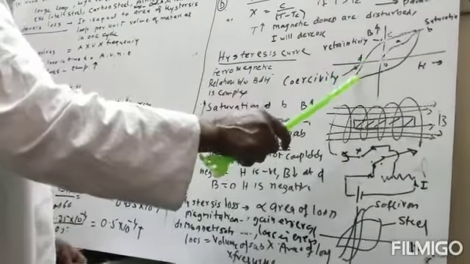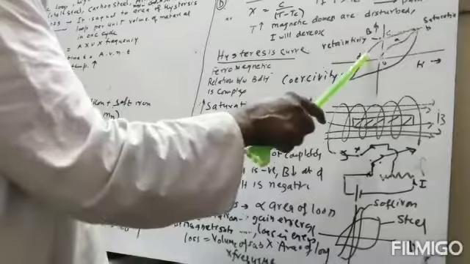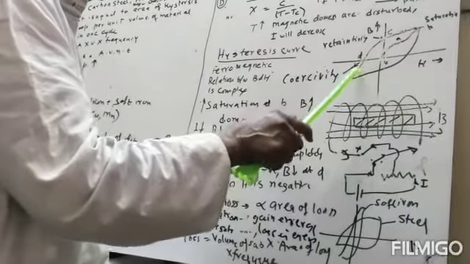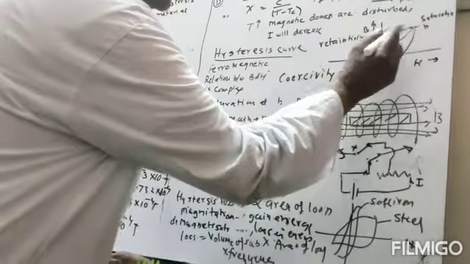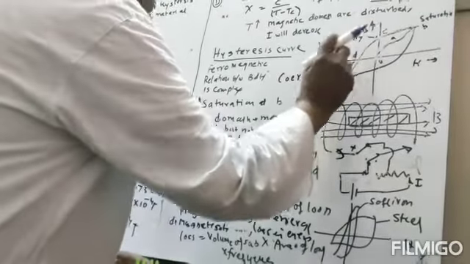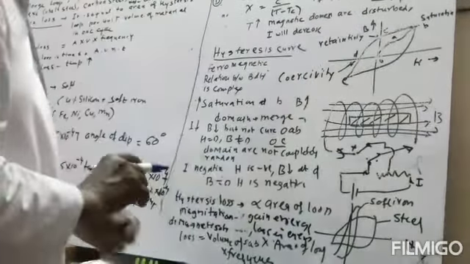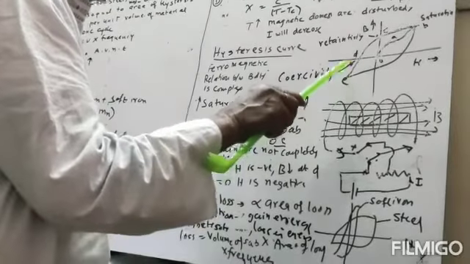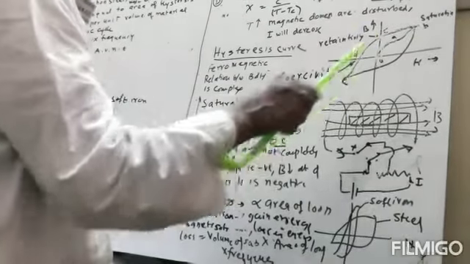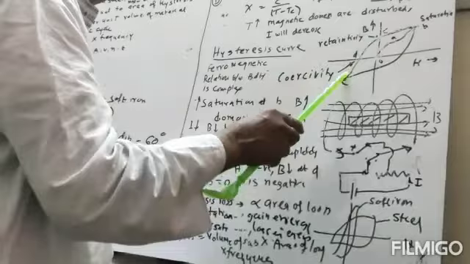Now again we increase the current. So the path will be like this, and suppose at point E, again the situation is there, then it becomes saturated. The saturation value will be the same, but here it will be in the opposite direction.